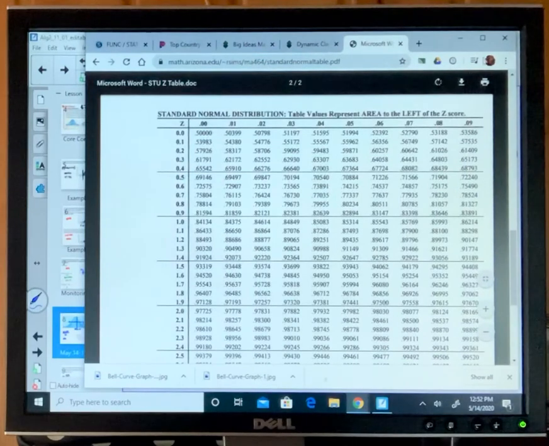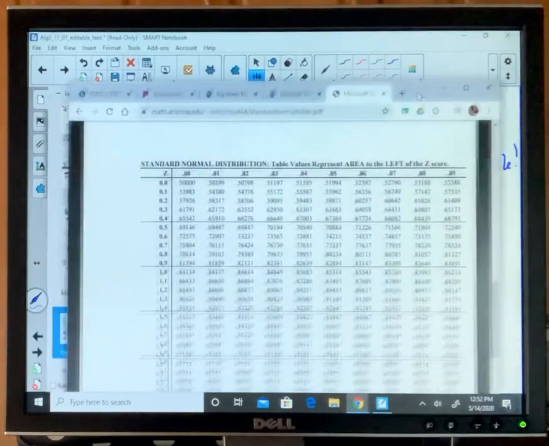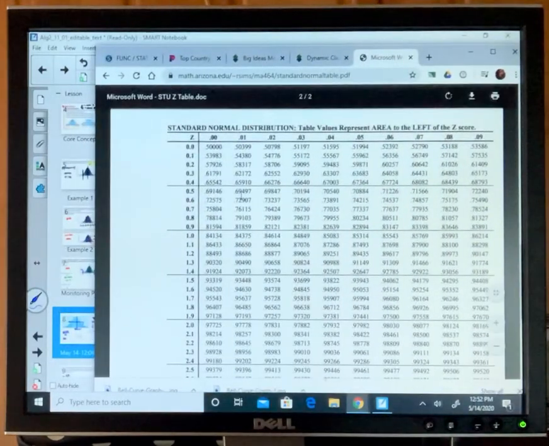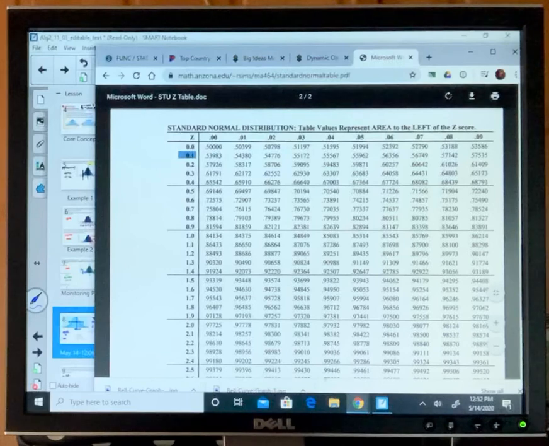So if I'm going to go to my z-score that I wanted, what did I get? I got 0.166. So 0.166, that's 0.7, right? Actually, no, I'm sorry, I should go to 0.1 and then 66. So the second one should be 0.17. I'm going to go right here onto this 0.7 and 0.1, and I'm going to find that value is right here.